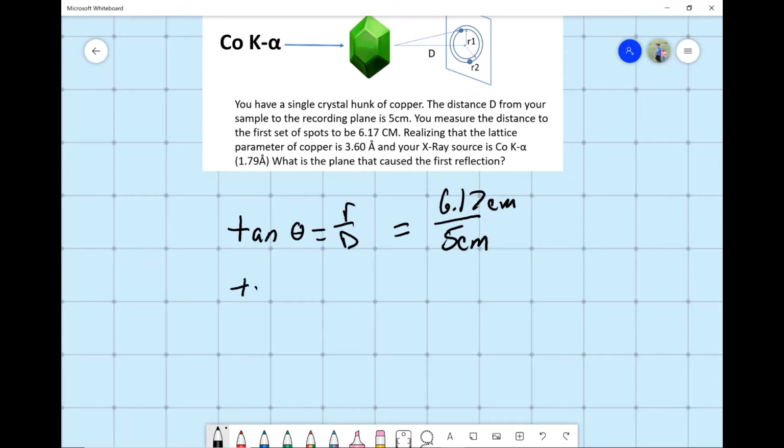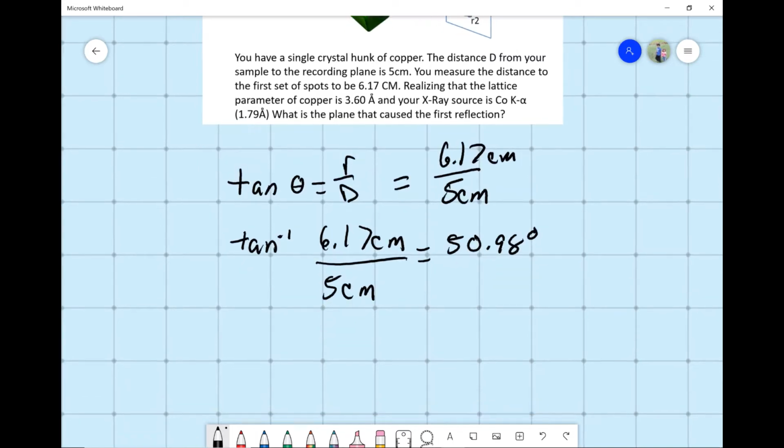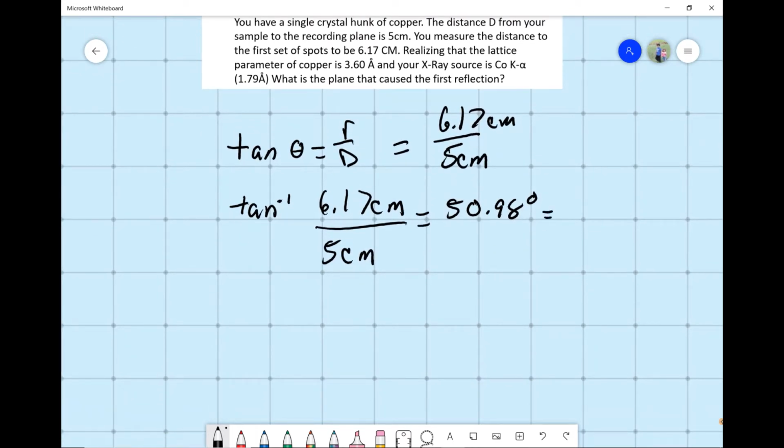So tan inverse of 6.17 over 5, I get 50.98 degrees. And so that equals theta.